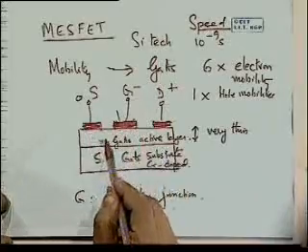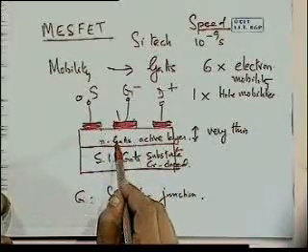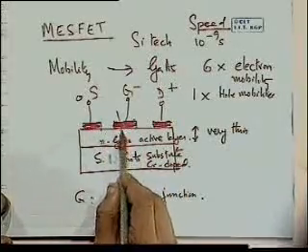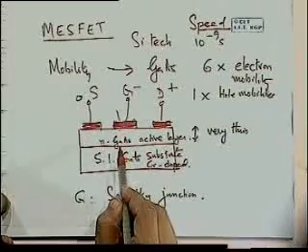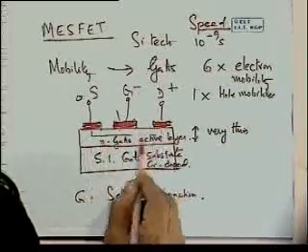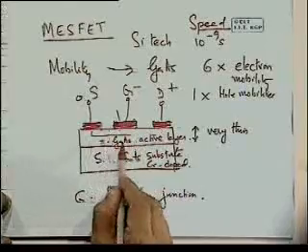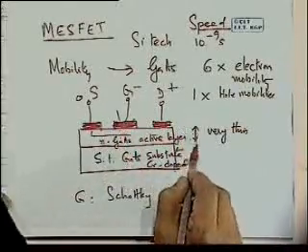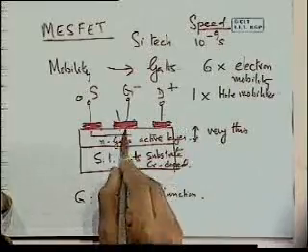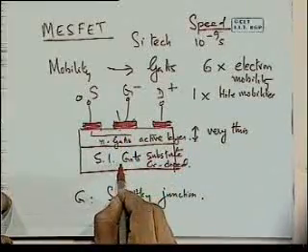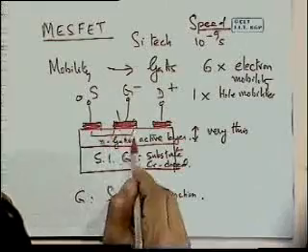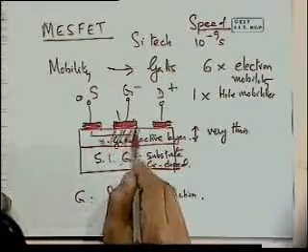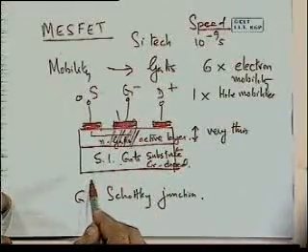I don't have time, so I'll answer: depleted. Right? It's in reverse bias, so we have depletion there. So for current to flow from here to here, it's going to pass through this depletion layer. And if we bias it strongly enough, and this layer is thin enough, then the depletion layer will pinch off with respect to the semi-insulating gallium arsenide. So this layer becomes completely depleted in this area.